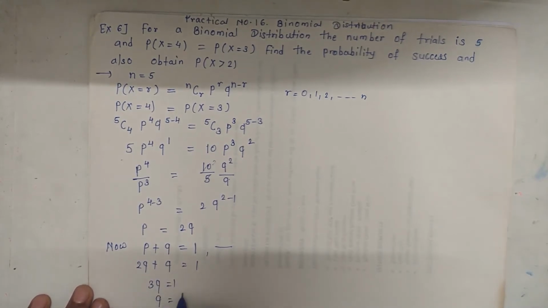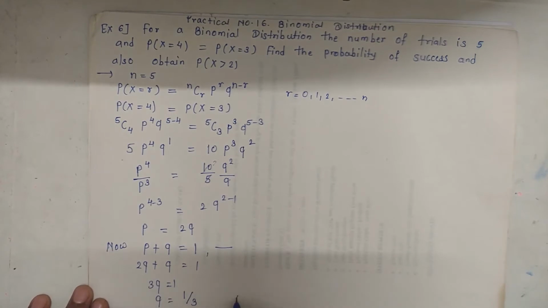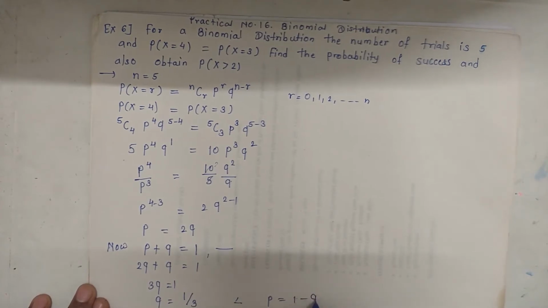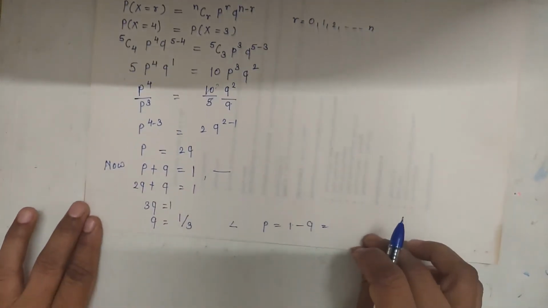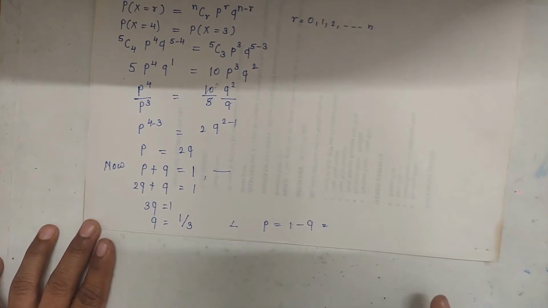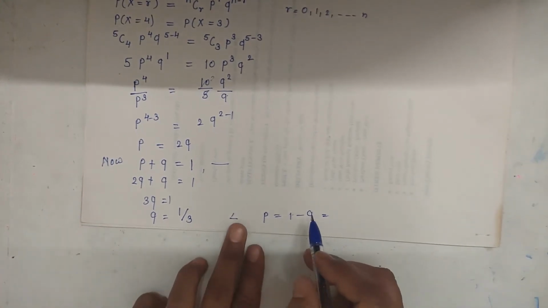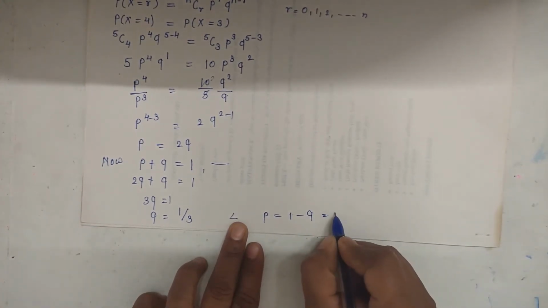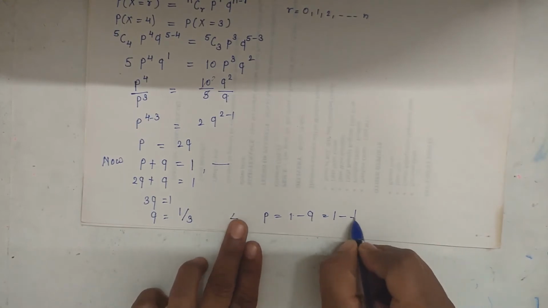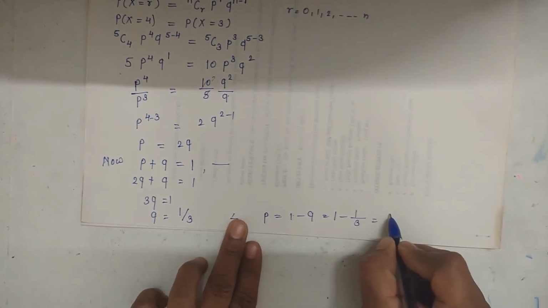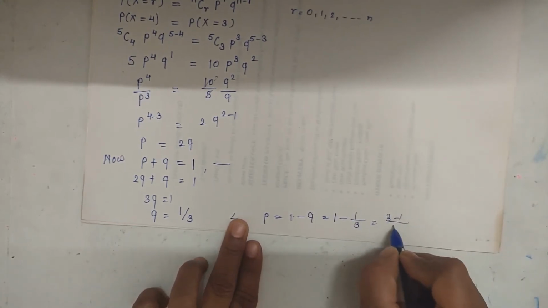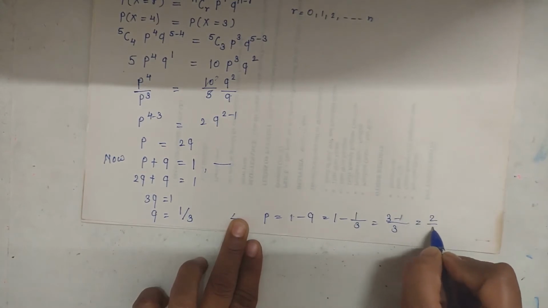Therefore q is equal to 1 by 3, and we know that p is equal to 1 minus q, is equal to 1 minus 1 by 3 is equal to 3 minus 1 by 3, that is 2 by 3.